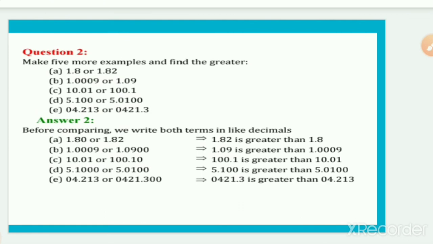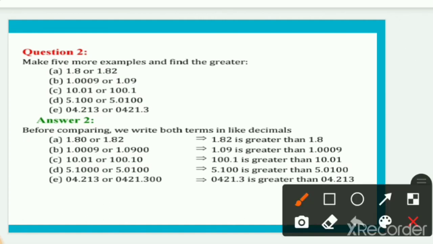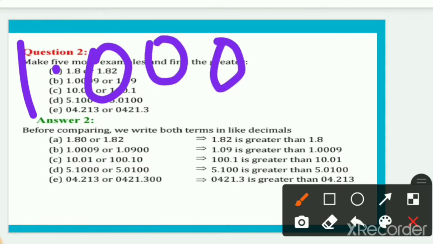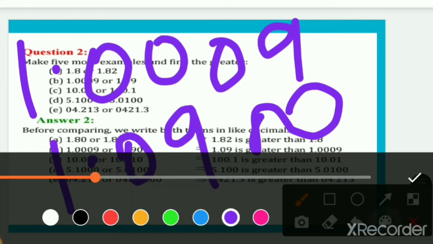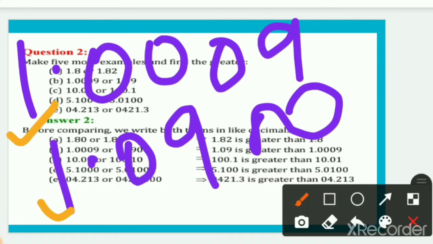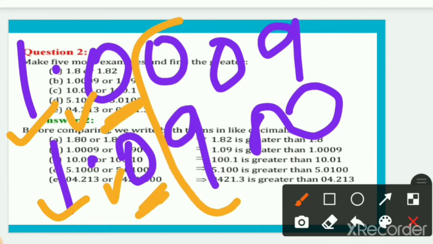Now moving to the next part, we have 1.0009 or 1.0900. Which number will be greater? If you compare, this is okay, this is okay, this is okay, this is 0, this is 0, but as soon as you come to the 100th place, this is 0 and this is 9.